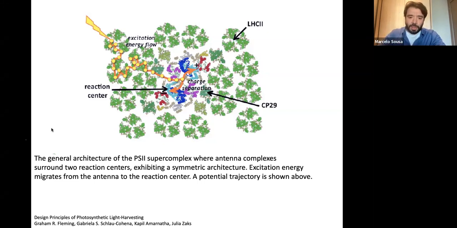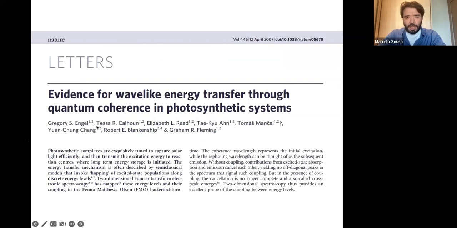So a group working in California found some evidence for wave-like energy transfer through quantum coherence in photosynthetic systems.